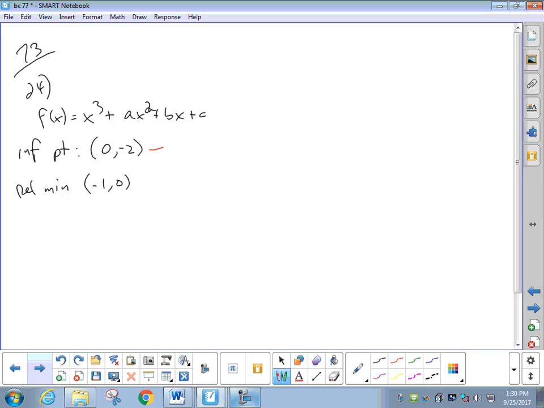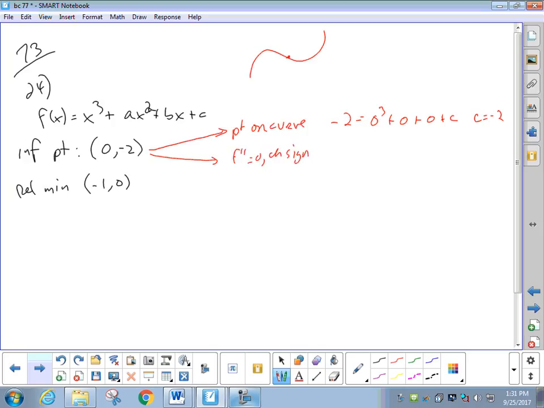For example, inflection point, first and foremost, because it's a point on the curve, I can operate in f and say -2 equals 0 cubed plus 0 plus 0 plus c. So just the fact that they're giving me a point, the y-intercept, tells me c. And also, inflection point for a polynomial is because the second derivative equals 0 and changes sign. It's not always necessarily the case that it equals 0, but for a polynomial it is.